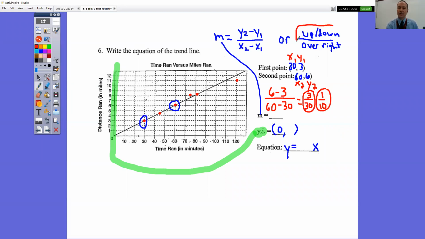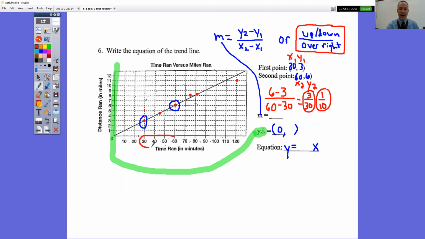Now, if you chose to do it by looking at the graph, we want to know how many go up or down, and then how many go over to the right. So we're going from this point to this point. Notice that we're going up 1, 2, 3. So we're going up 3, and then it looks like we're going over 3, but we're not going over 3.